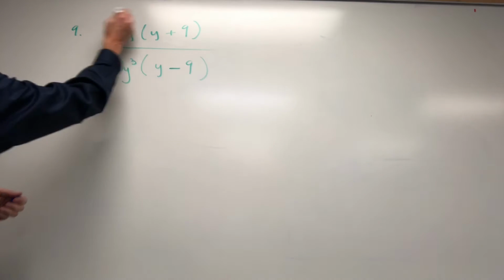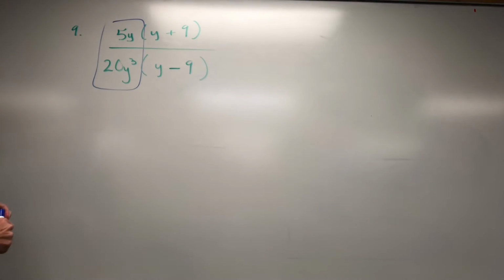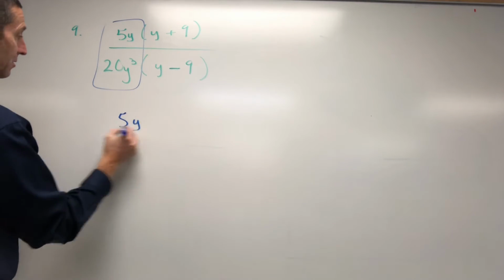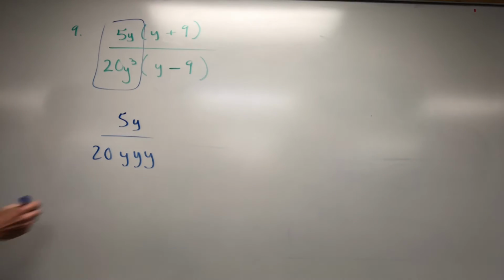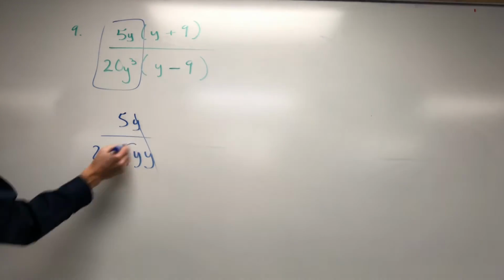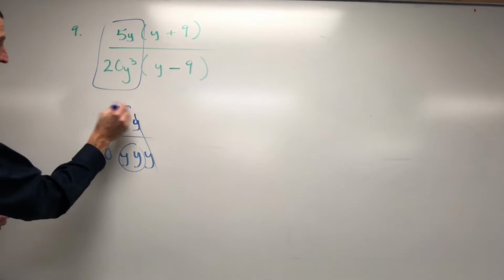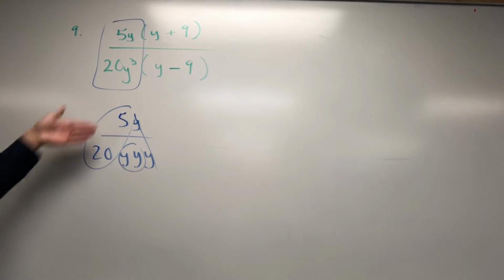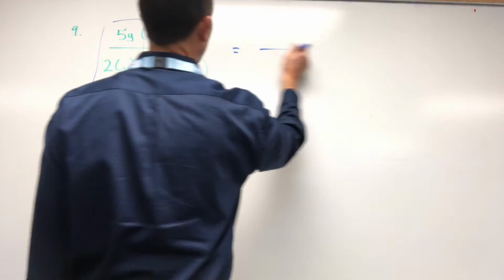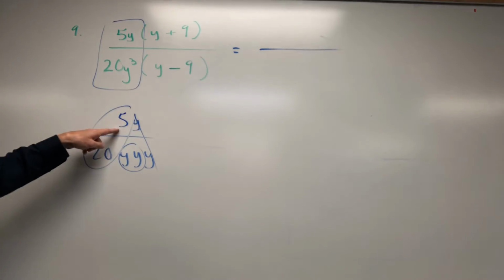Now you can go to work on all this right here if you think about the 5 and the y and the 20, and you have 3 y's right there. So that cancels one of your y's. You have y squared left. 5/20 reduces down. That's like 1/4. So for us, no y's left up top.